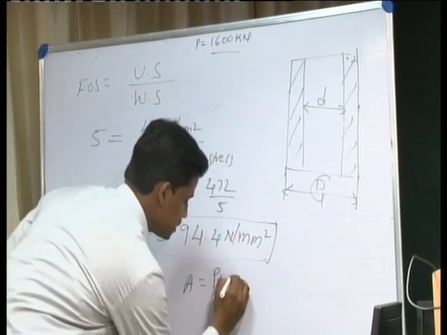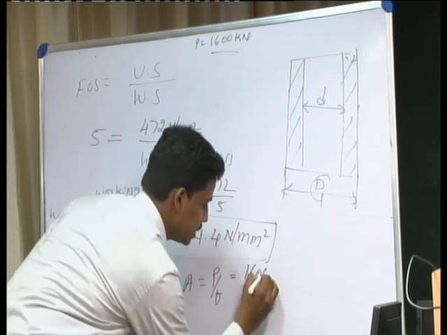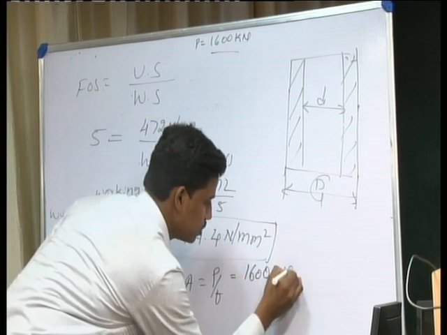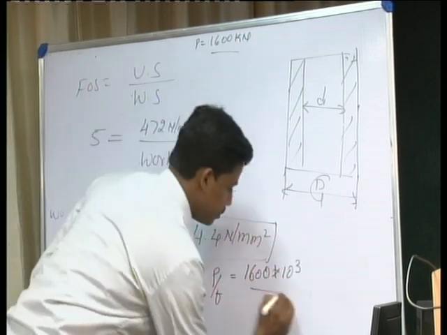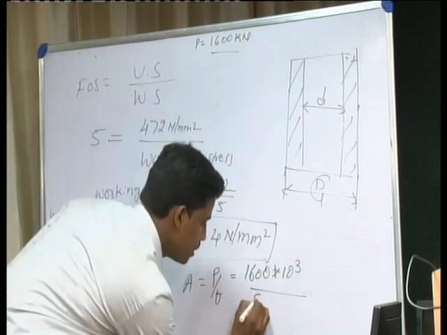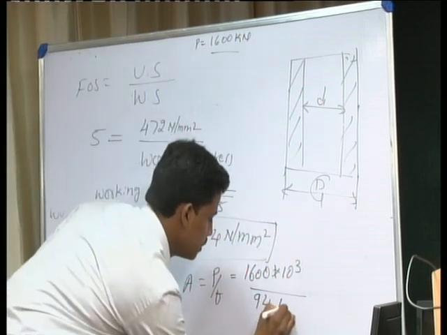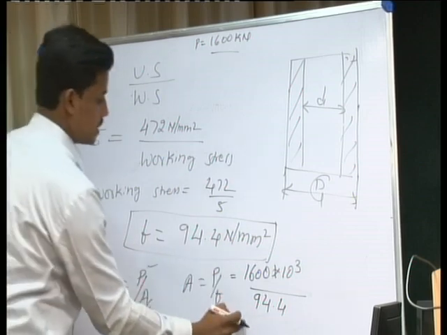P is 1600 kilonewton. We can convert that into Newton, so area is 1600 into 10 to the power of 3 divided by 94.4. This is the load and this is the stress.